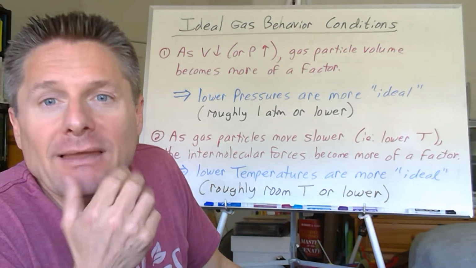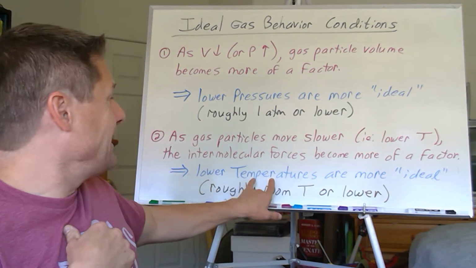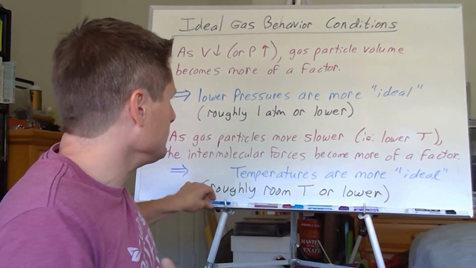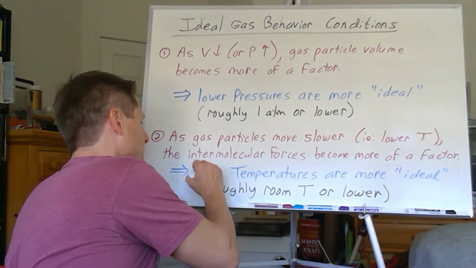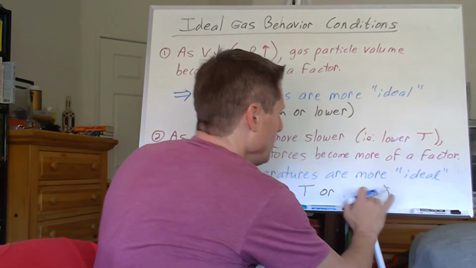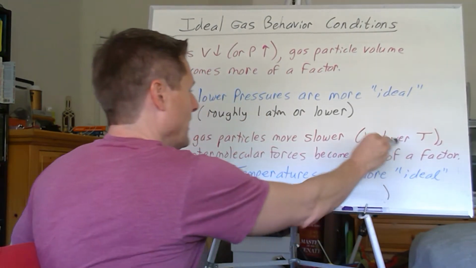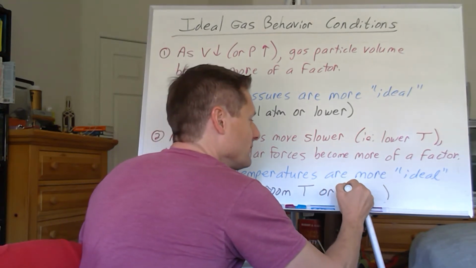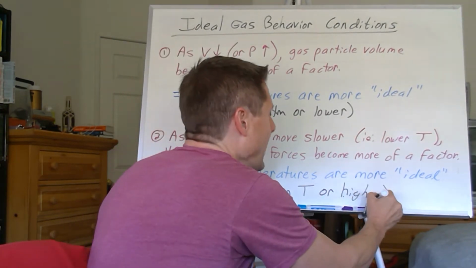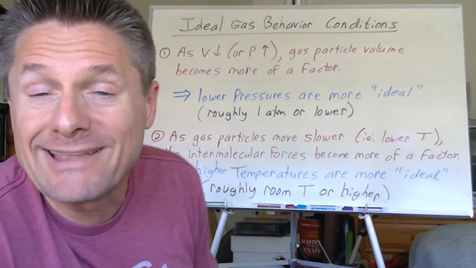Well, not bad, but if you're assuming ideal gas behavior, lower temperatures would be bad. So ideal, whoops, I wrote the wrong thing there. So higher temperatures. I got my own answer wrong. I saw that lower right there and rewrote it again. I put lower. So we want lower pressures and higher temperatures to be considered ideal.